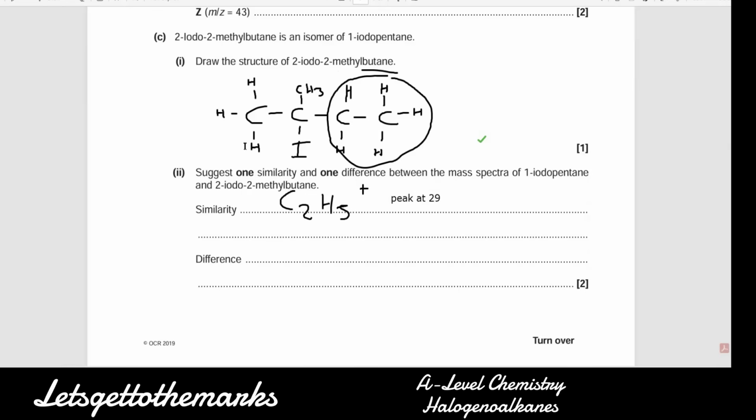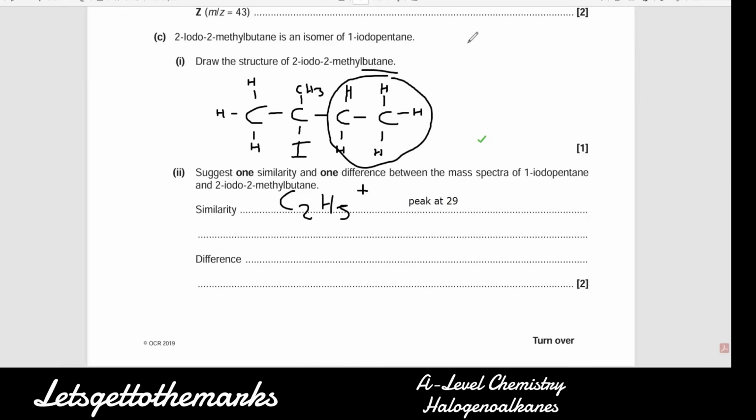One thing they both cannot form though, check this out. This is the main difference. So what did I say? Peak at 29. Right. So one thing they can't form is a propyl group that 1-iodopentane can form.